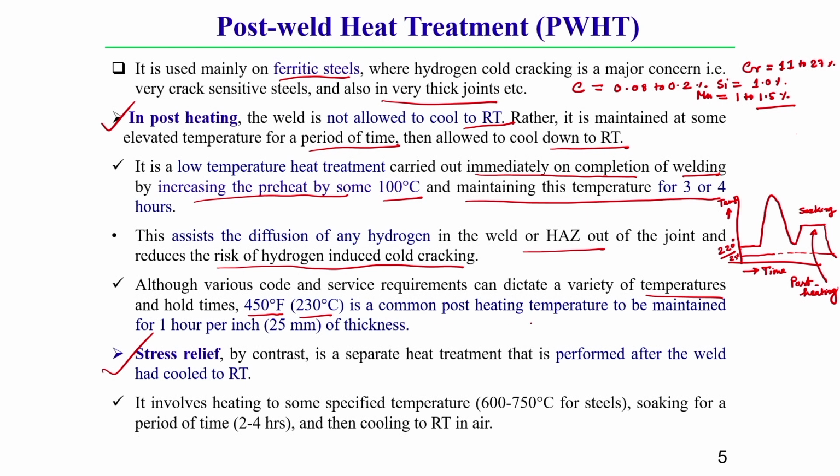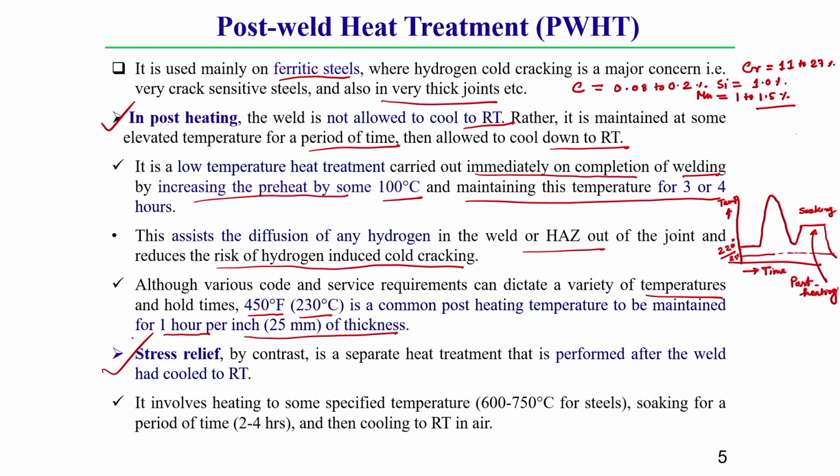It is generally maintained for 1 hour for a plate thickness of 25 millimeter. You should keep this in mind. That means, for 25 millimeter thickness we keep this post weld heat treatment temperature for 1 hour.